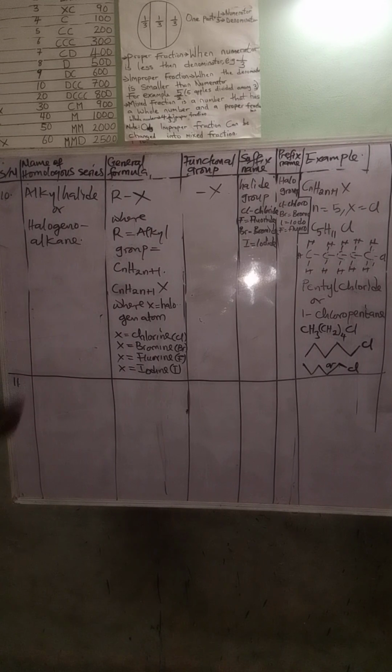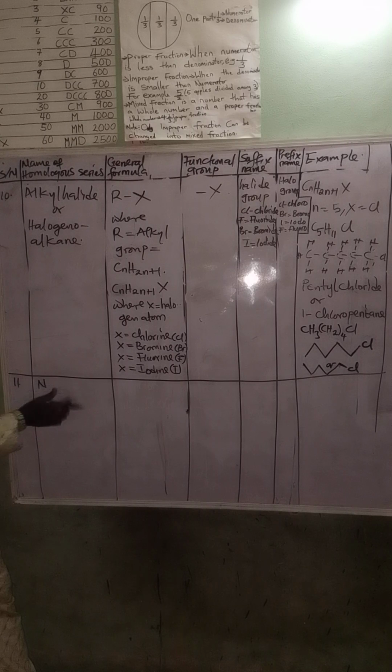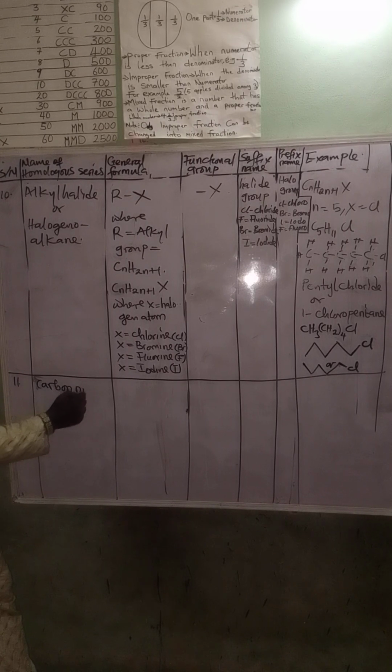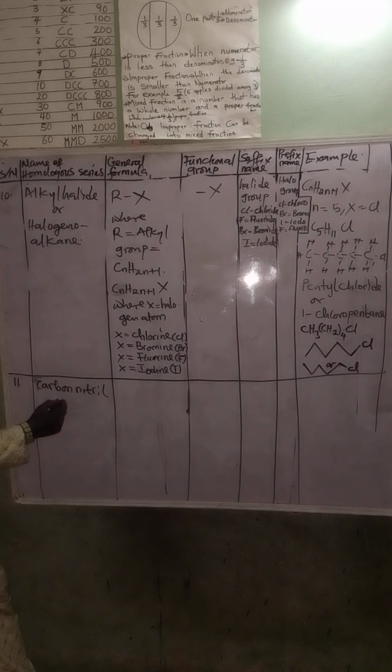So let's look at another group here. Number 11. Now this one is called carbonitrile. Me, I used to call it alkanenitrile.